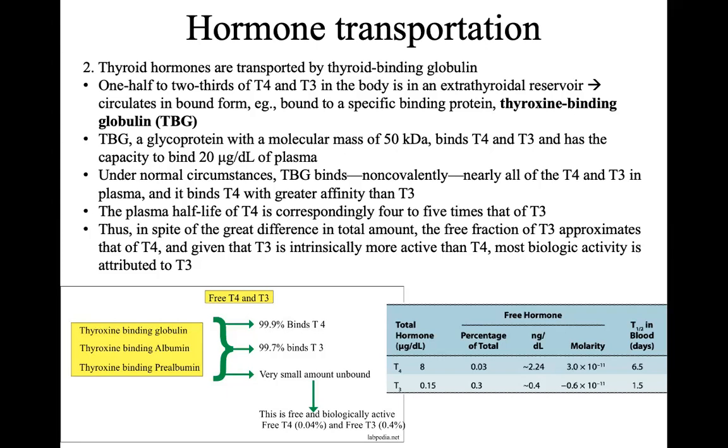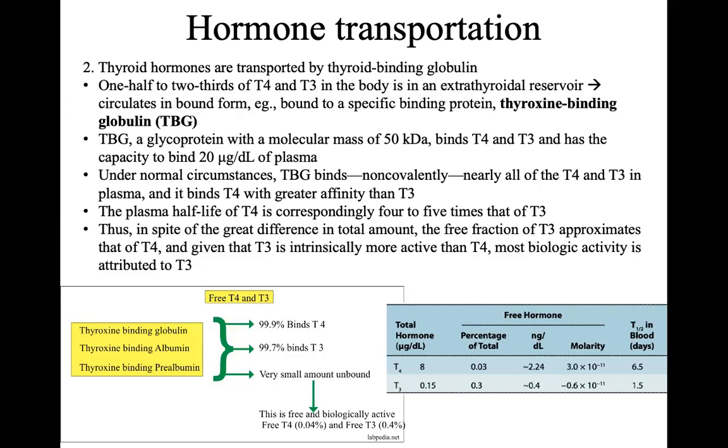So you can see one half to two thirds of the T4, or thyroxine, and T3, triiodothyronine, that have been secreted by the thyroid in the body, are in an extrathyroidal reservoir. What is an extrathyroidal reservoir?